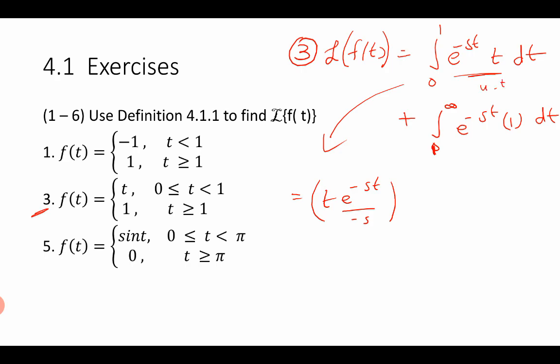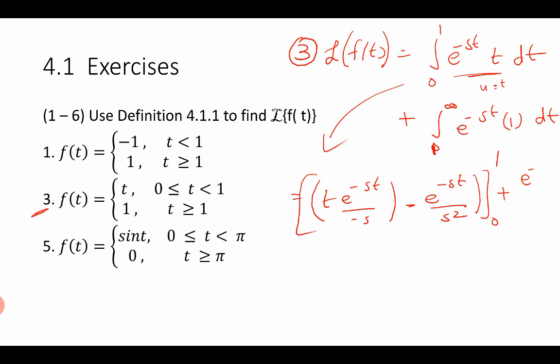You can take u is equal to t, the rest is dv, and then write integration by parts, minus e raised to minus st divided by s square, from 0 to 1 for the first integration.